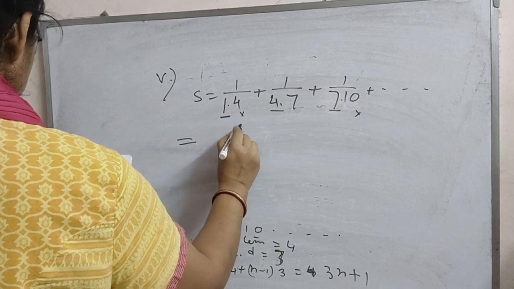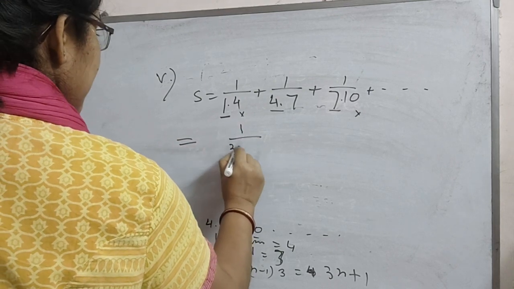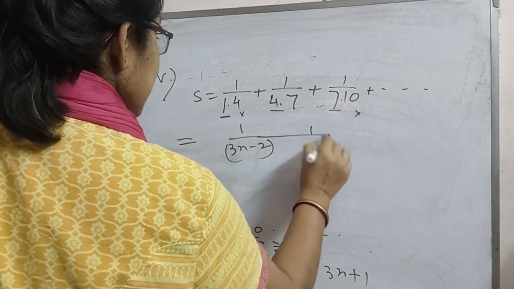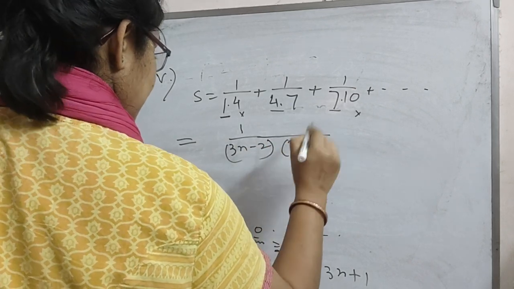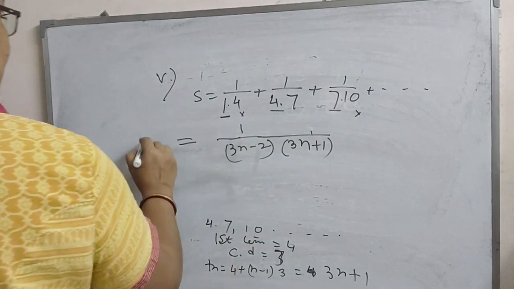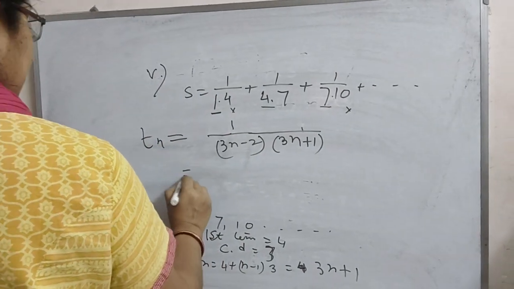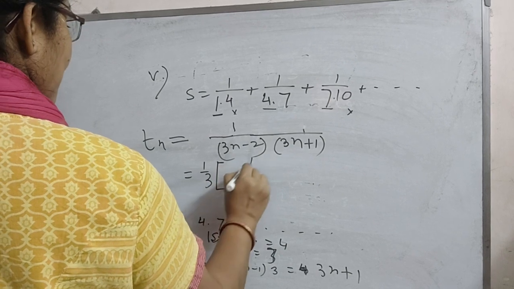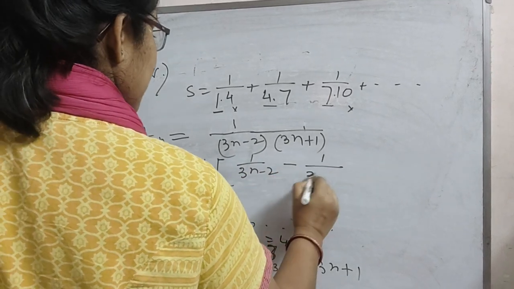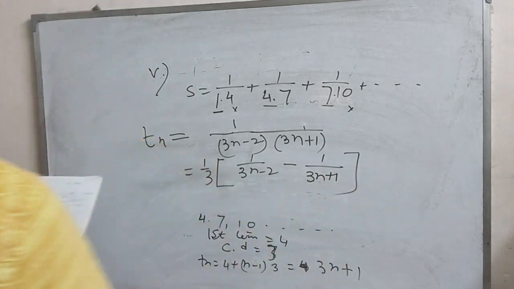This equal to 1 by 3n minus 2 into 3n plus 1. Okay. Tn equal to this. This can be written in this way, 1 by 3n minus 2 minus 1 by 3n plus 1.